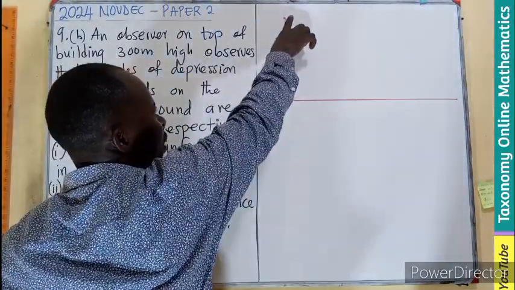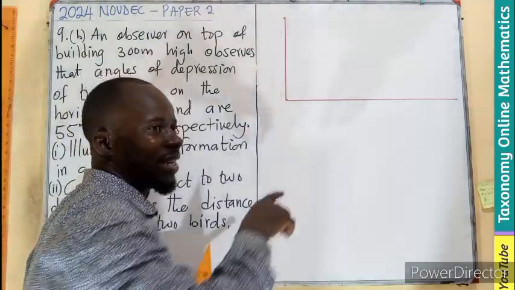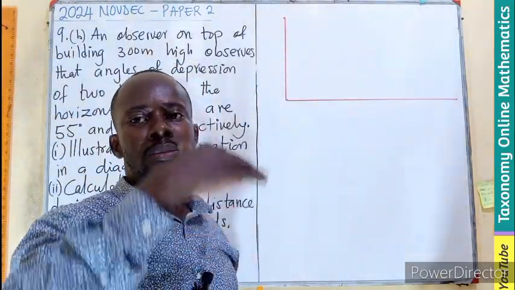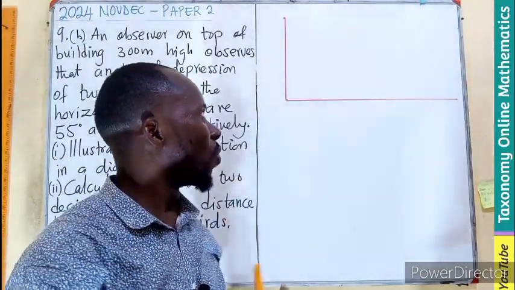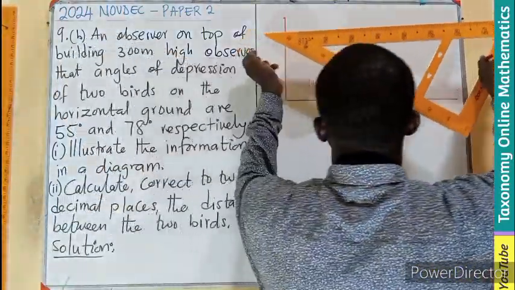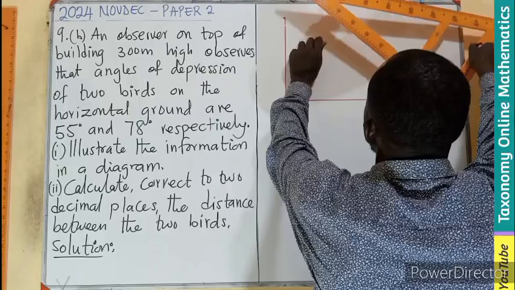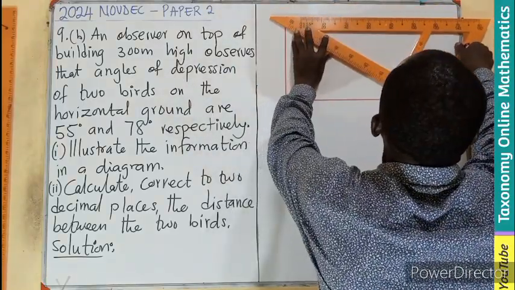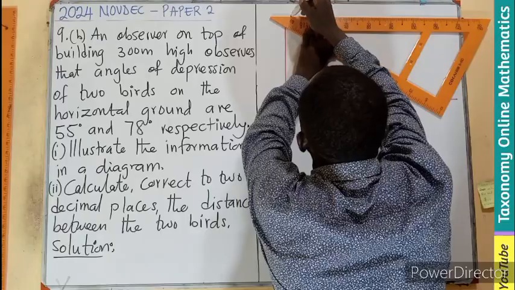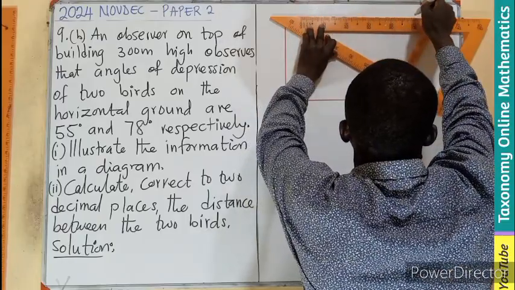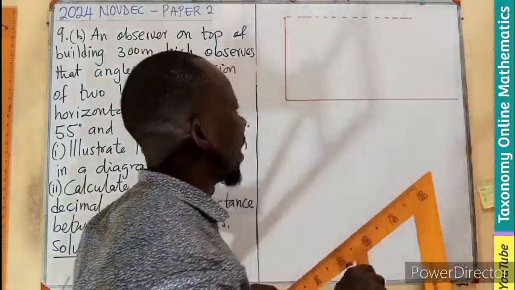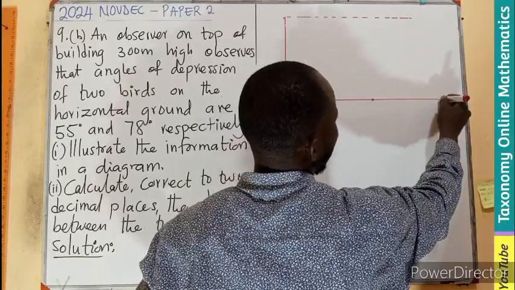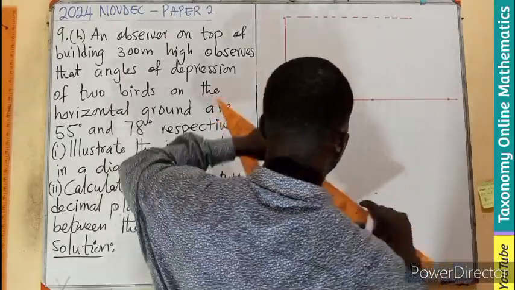So if you are on top of this building, you want to see a bed. We know the angle of depression is the angle formed below a horizontal line. So at this place, there should be a horizontal line which is the line of sight. From there, we are looking at, let's say, bed 1 and bed 2.